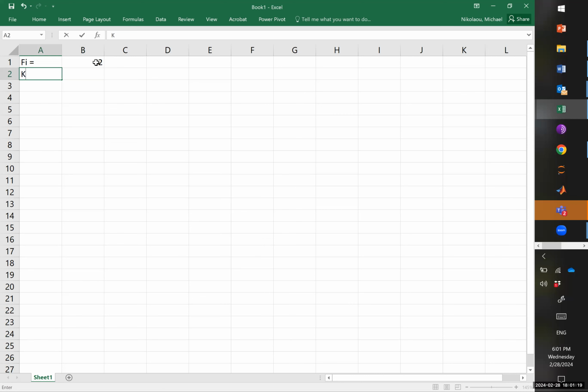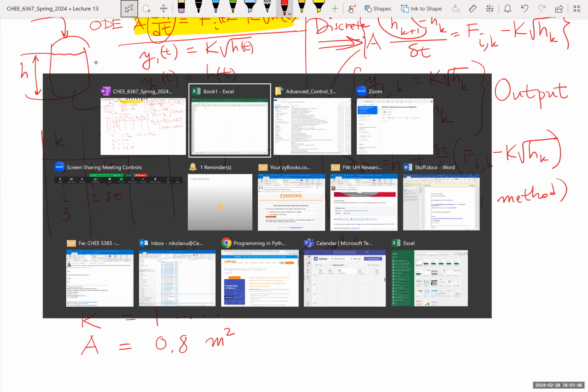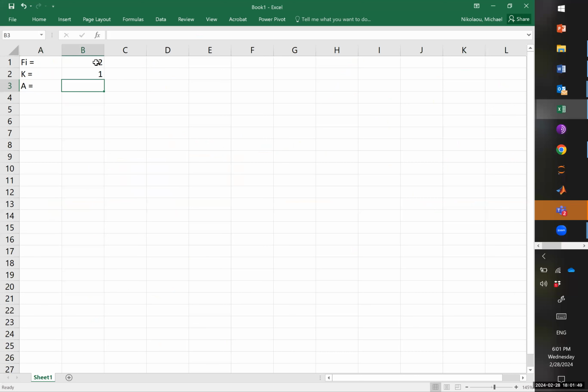We need K equal to 1, A equal to, what is the cross-sectional area? Let's say it's 0.8 square meters. Good enough. This is just a simple small vessel. Okay. We don't have any other parameters.